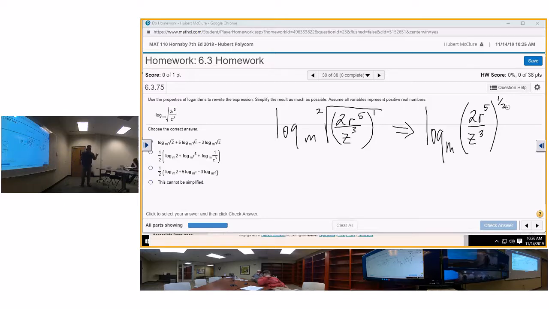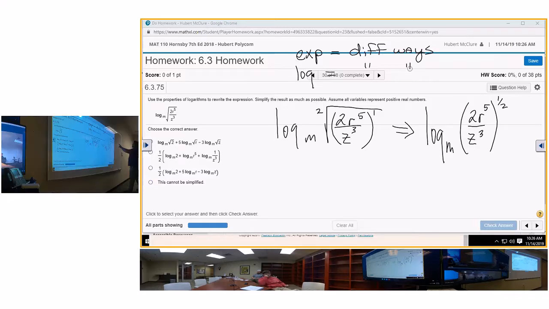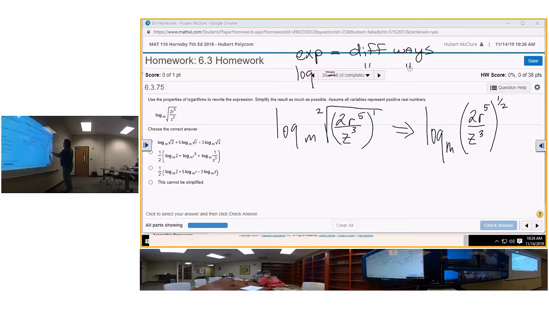From here on out, whenever you see a radical, chances are you better change it to a rational exponent. With exponential laws, you can do it different ways. A logarithm is a glorified exponent, so can you do it different ways? Yes. I could do the power rule and bring the 1/2 out front, or apply the power rule of exponents to get 2 to the 1/2, r to the 5/2, times z to the 3/2.